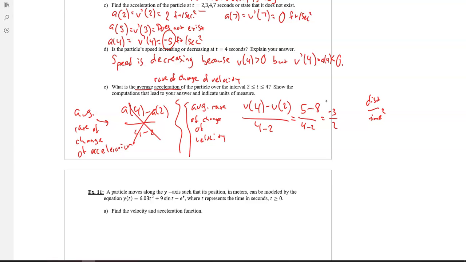The units, well, again, our velocity units here were feet per second, and the time units are in seconds. And so, yes, we'll end up with negative 3 over 2 feet per second squared. Okay, so we end up with an acceleration time unit, right? And so we do have an average acceleration here, but we calculated it by using the average rate of change of the velocity. All right. Questions on any of that?